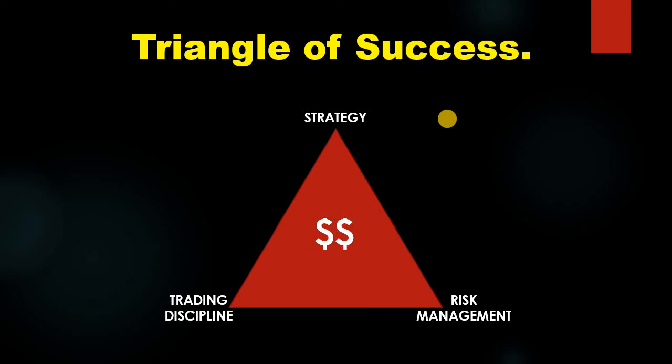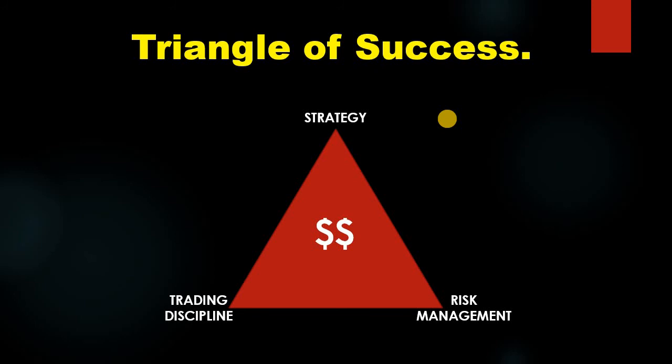Then lastly, we are going to be looking at the triangle of success, or trading success, which I term as a bonus video. You can see the triangle, and inside the triangle we have dollars, and that is those who are profitable already.